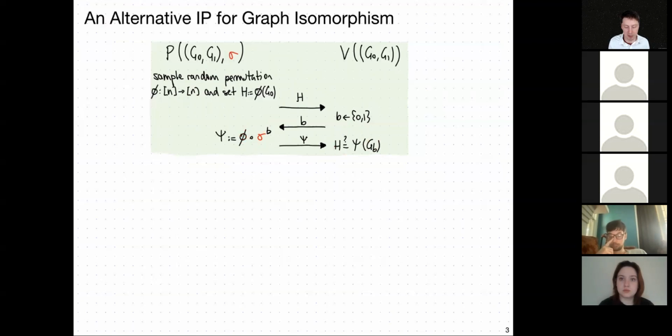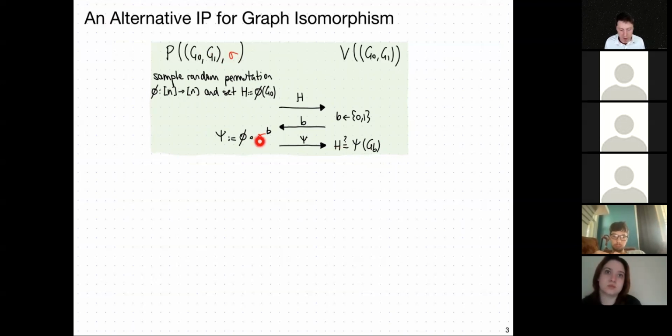permutation here, phi. So it's phi composed with sigma to the 0, that's phi. Great. If instead B had been 1, the verifier would have been interested in a permutation from G1 to H. In that case, because sigma is a permutation, let's say from G0 to G1, sigma should have been from G1 to G0.